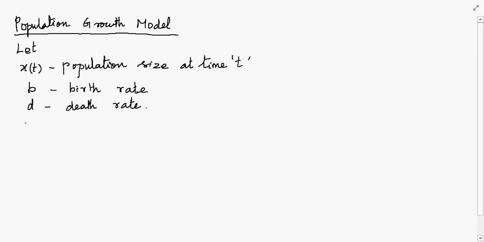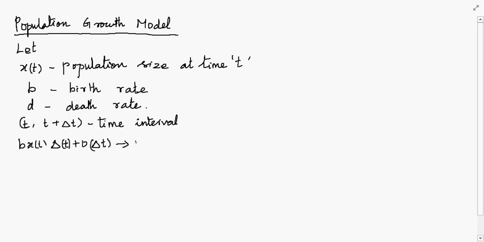Now we'll consider the time interval t, t plus delta t, and in this time interval we'll consider the number of births and the number of deaths. Here the number of births will be b into x of t into delta t plus order of delta t.